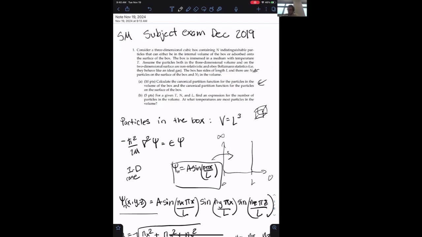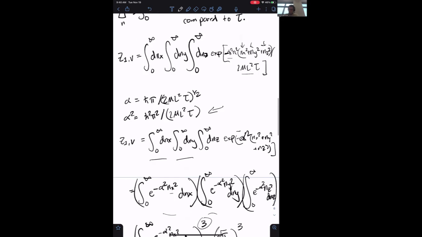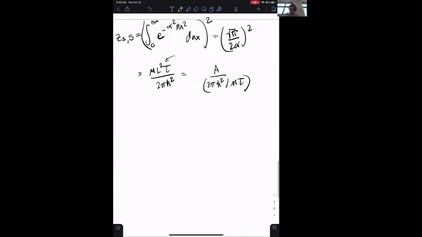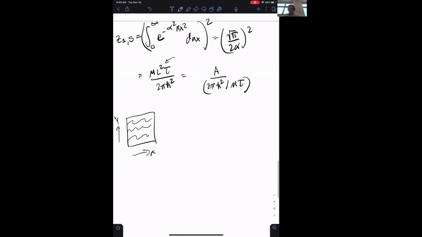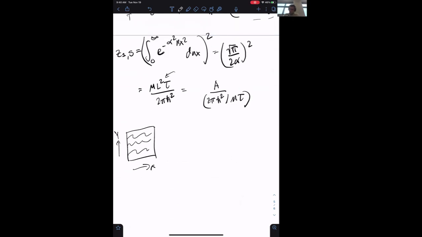And obviously there's six surfaces, there's six sides to the cube. So what we found was the partition function for a particle on one of the surfaces. So we just found, this is X, this is Y, and we just found all the possible energies within a 2D surface.